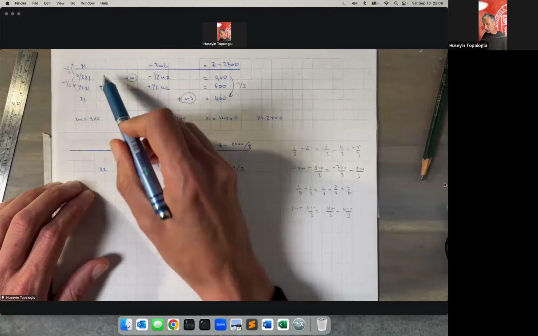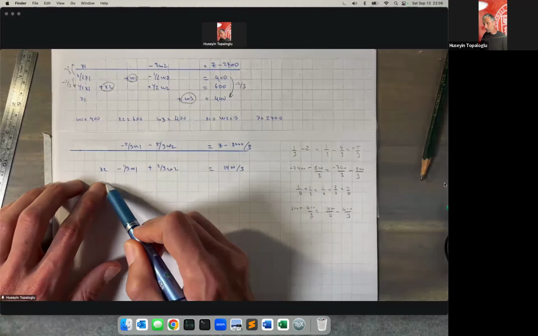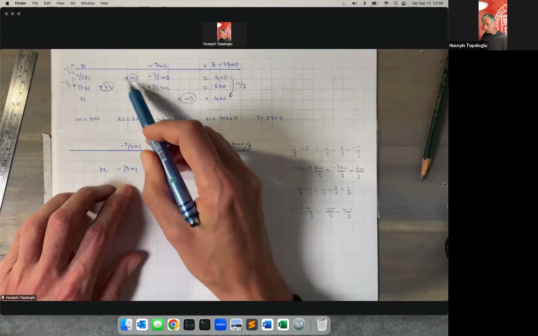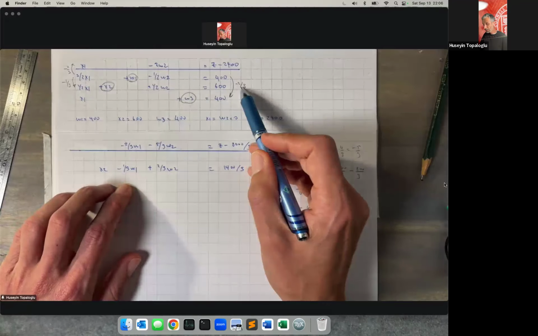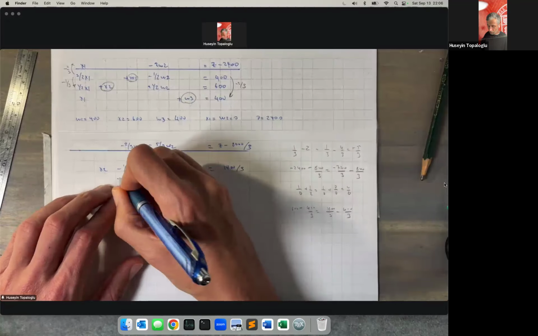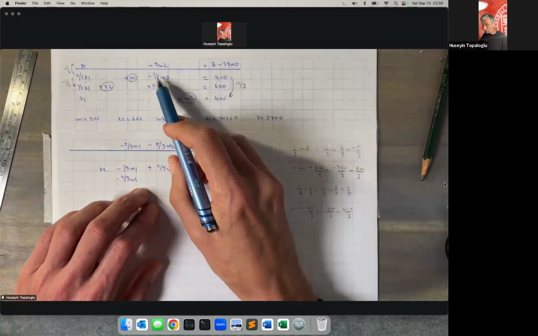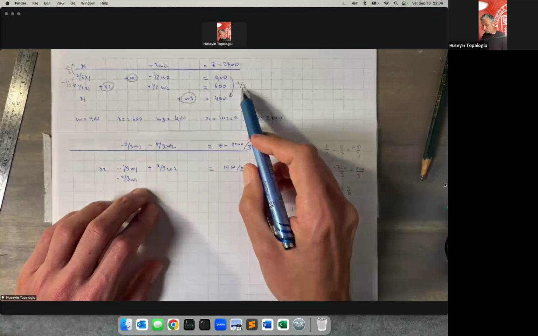0x2 times minus 2/3, 0x2, plus another 0x2, 0x2 over here in the third constraint row. w1 times minus 2/3, minus 2/3 w1, plus another 0w1, minus 2/3 w1, minus 1/2 w2 times minus 2 over 3.